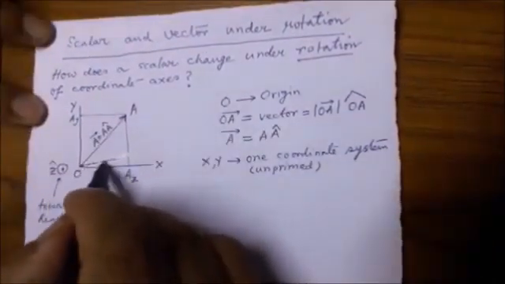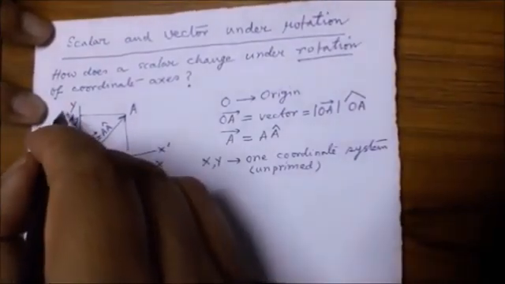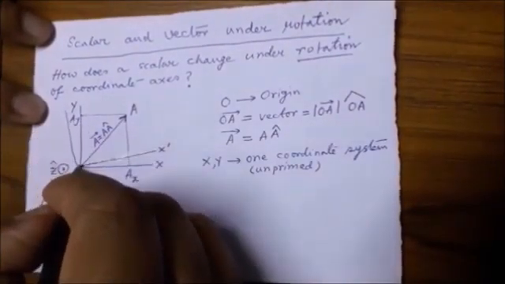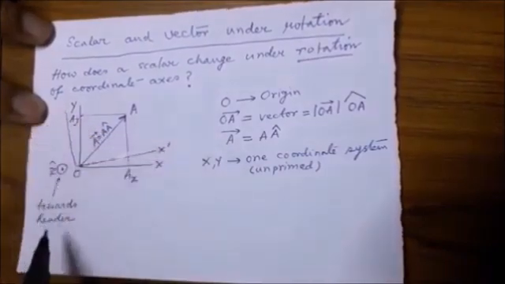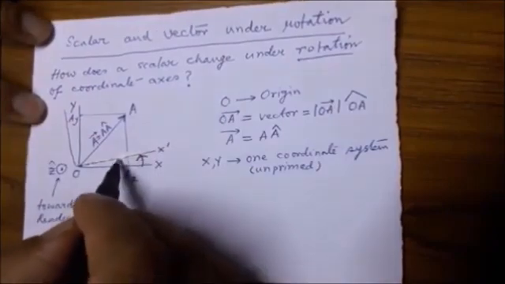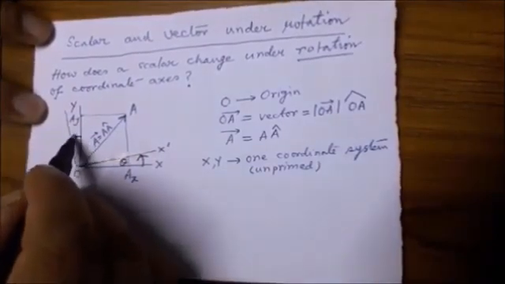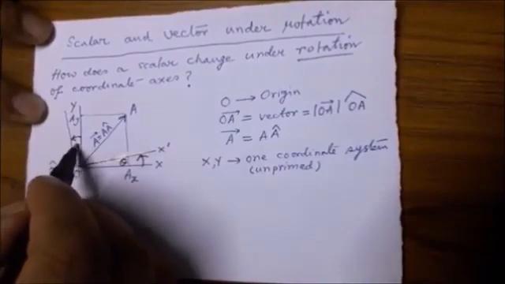X comes here, x prime, and y comes here. So the amount of rotation is obviously by this angle, which is say theta, and y also is rotated by an angle theta.